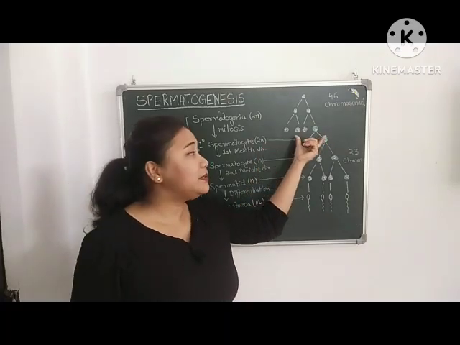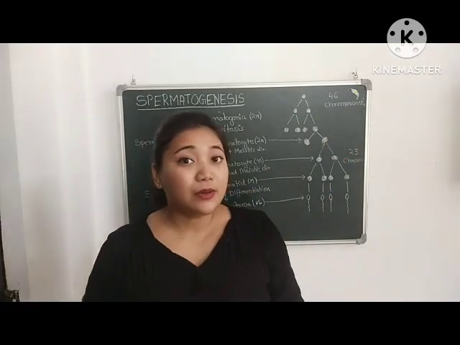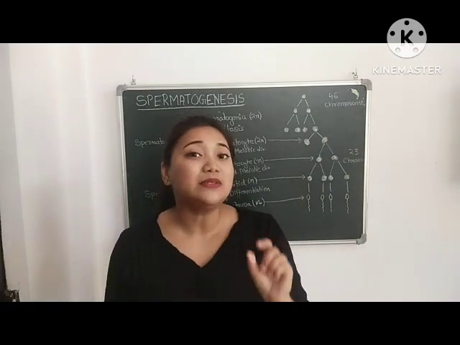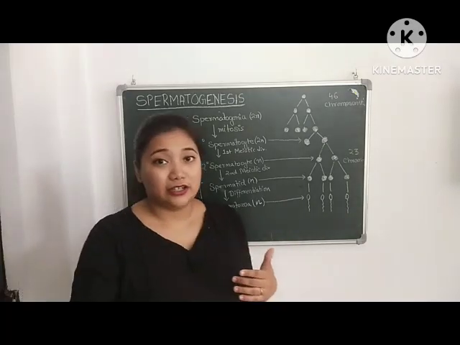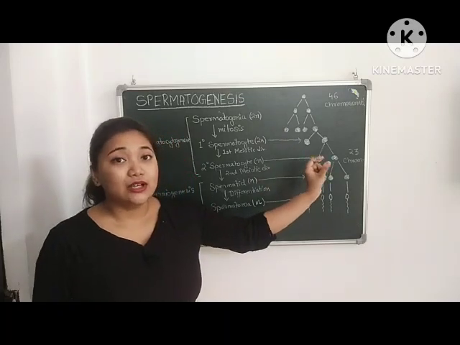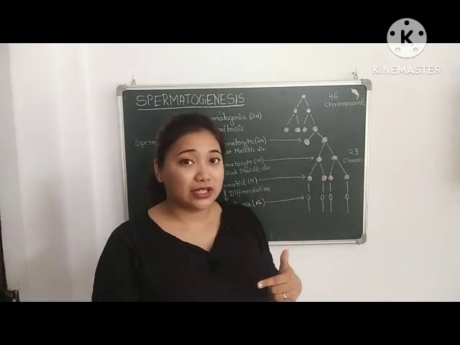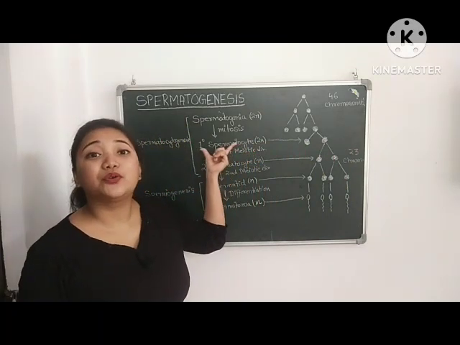Now out of all the multiple cells, few cells, remember not all the cells but some cells, will undergo the process further. Those few cells which will undergo the process further are called the primary spermatocyte.